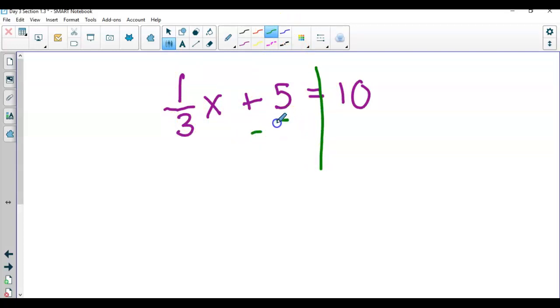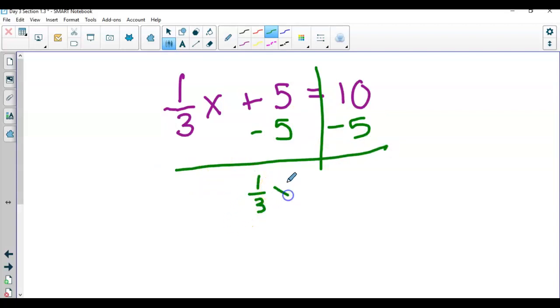So I subtract 5 here. And that gives me 1/3 x equals 5. And now to get rid of that multiplication of 1/3, we divide by 1/3. But when we divide a fraction, it's actually multiplying by the reciprocal.